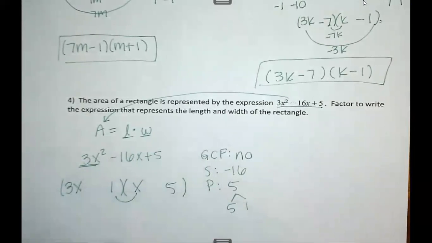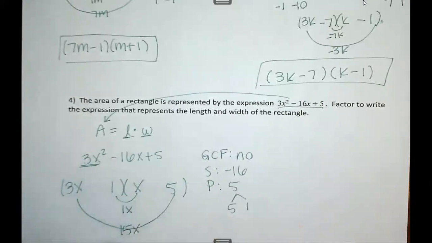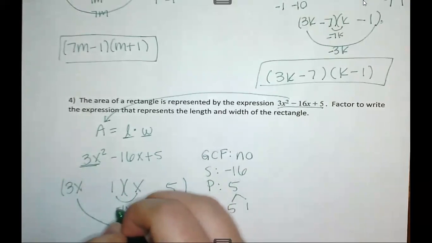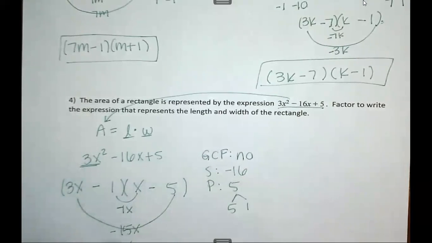So I check the inner, which gives me 1x. I check the outer, which gives me 15x. And I can make 1 and 15 give me negative 16. I just need them to both be negative.